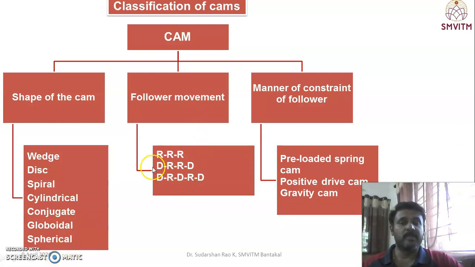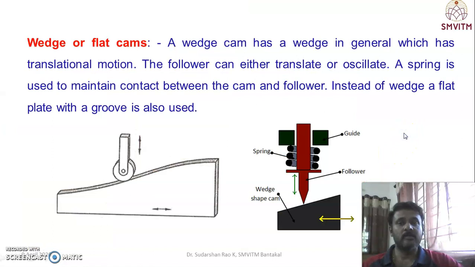Based on follower movement, it may be rise-return-rise, dwell-rise-return-dwell, or dwell-rise-dwell-return-dwell. Based on the constraint of the follower motion, it may be a preloaded spring CAM, which maintains continuous contact between the follower and the CAM, a positive drive CAM, and a gravity CAM. Let's discuss one by one.